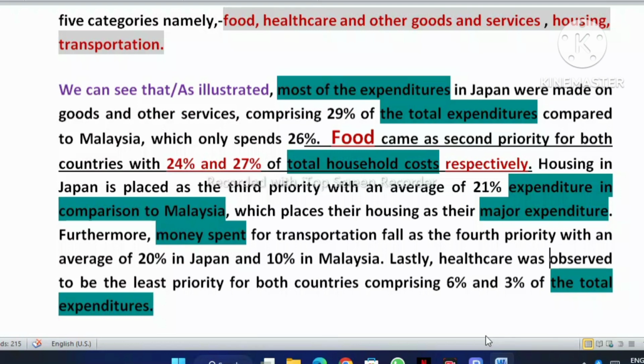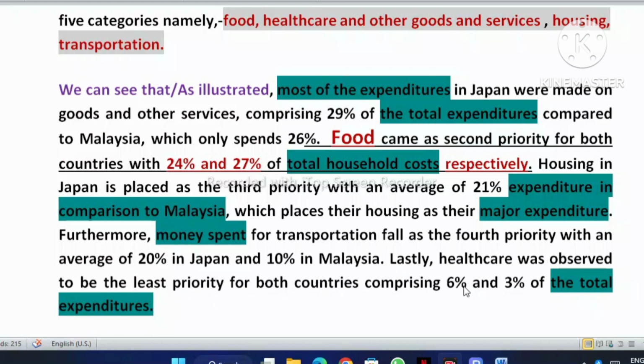Here we are talking about the fourth major expenditure, the money spent on transportation. Lastly, healthcare was observed to be the least priority for both countries, comprising 6% and 3% of the total expenditures.